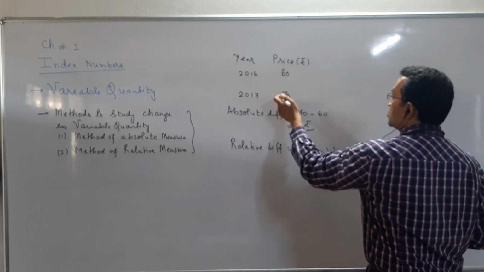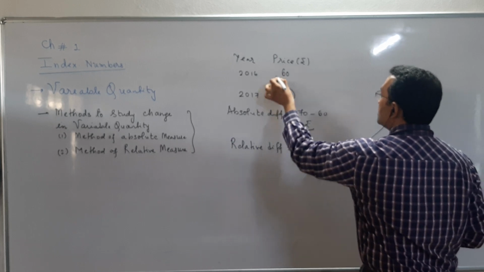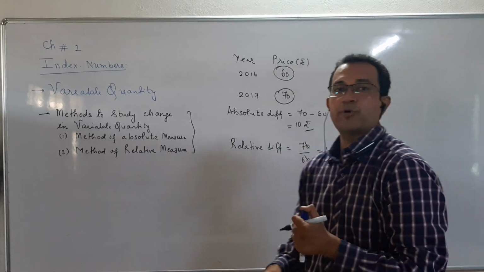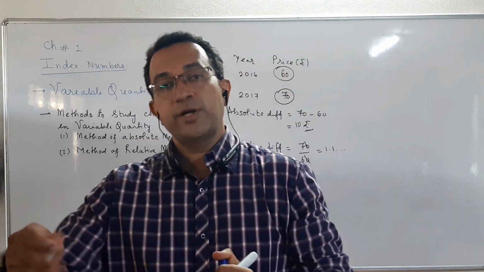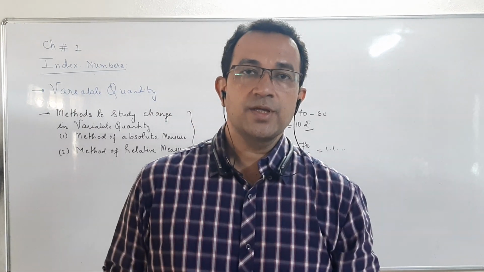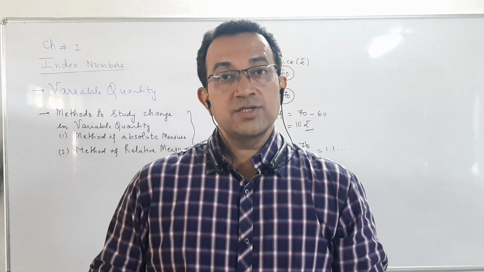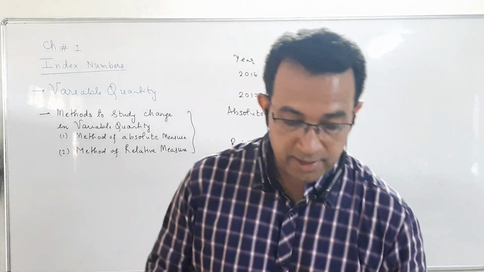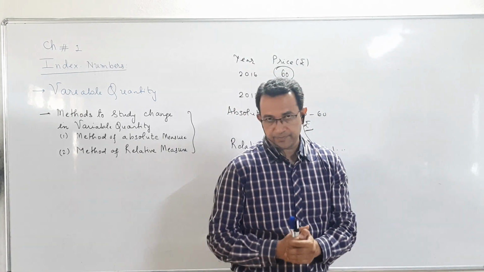So I have taken the ratio of 2017's price to 2016's price, and that ratio is 1.1 something in general.